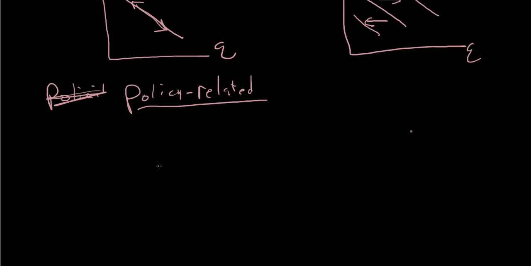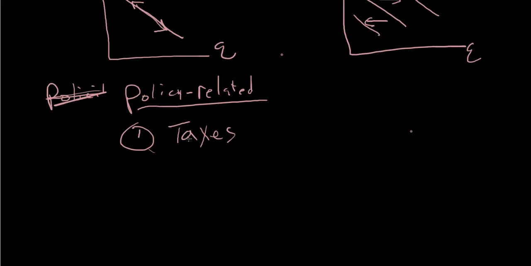So they want to reduce the consumption of cigarettes, and there are at least two different ways of doing it. The first one is through taxes. If you increase the tax on cigarettes, then the price will go up, and if the price goes up, then people's purchasing behavior will change.